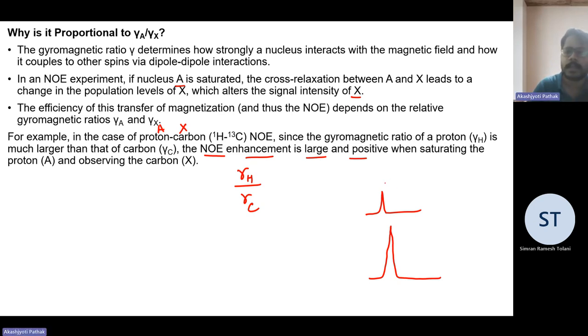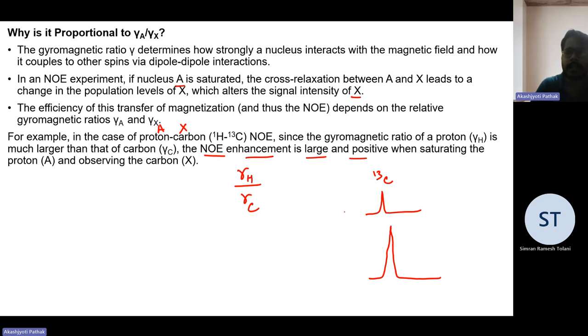So suppose this was the intensity of C13 at the equilibrium condition when this saturating pulse was not applied. But after the NOE experiment, we will see that the intensity of the C13 signal has increased. Why has it happened?